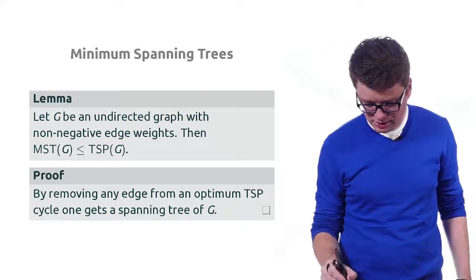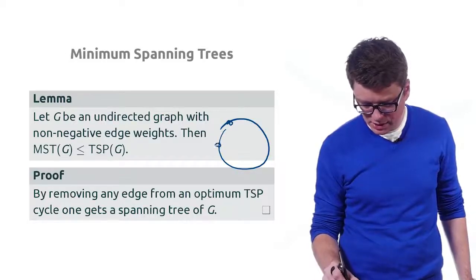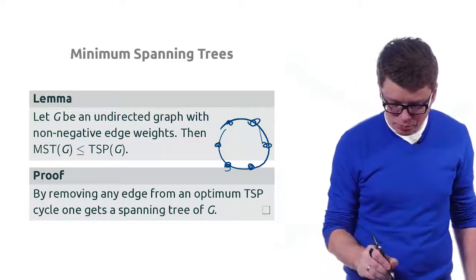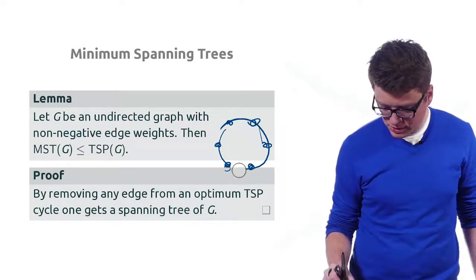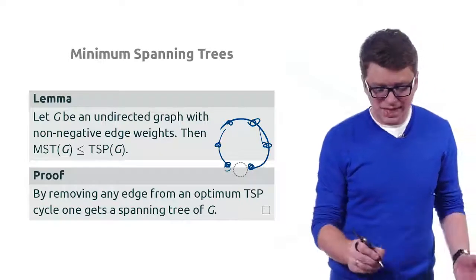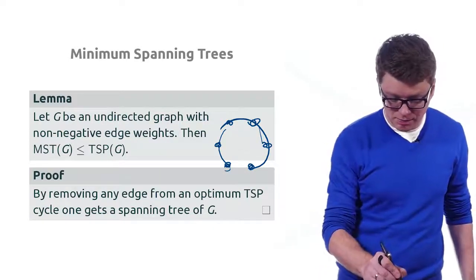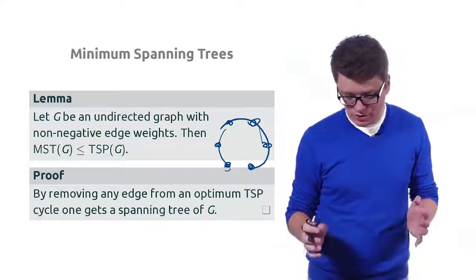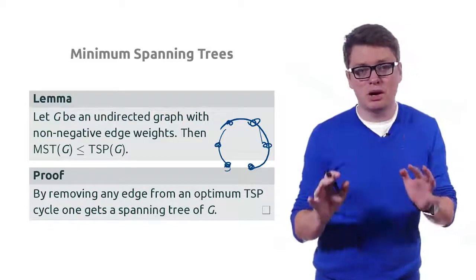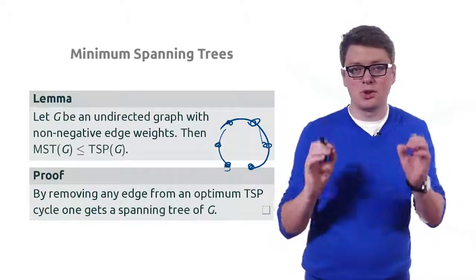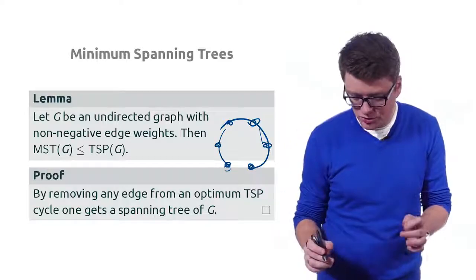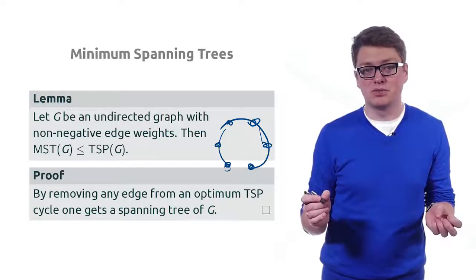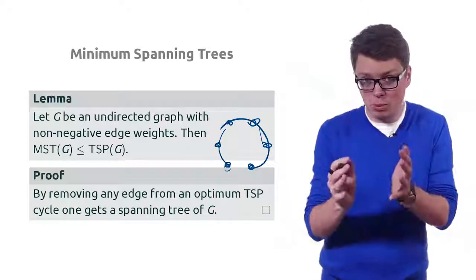If we consider an optimal cycle in this graph, it looks somehow like this, and then we remove some edge from this graph, for example this one, then what is left is actually some spanning tree in this graph. Why is it a tree? Well, it is just a path, and the path is a special case of a tree. This is just a non-branching tree, right? This is some tree, and its weight is at least the weight of the minimum spanning tree. So the minimum spanning tree is the minimum one, right?